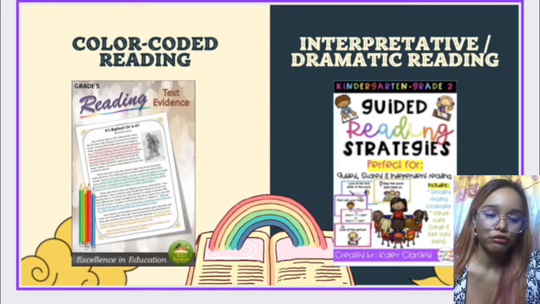Now, let's go to interpretative or dramatic reading. This is the part where learners express themselves orally. With this, learners are given the chance to speak with proper phrasing, correct pronunciation, correct stress and intonation.